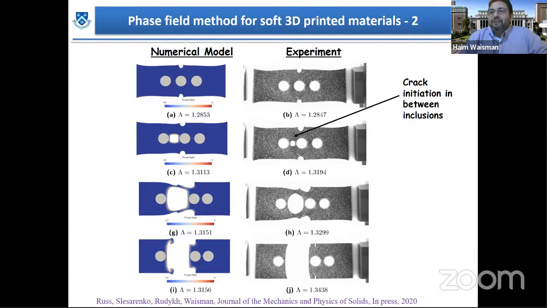No, this is what the experiments have shown. That's what we get. We had models where we showed crack branching scenarios, but those did not include a shear band model. For these problems, we tried to match the experiments, the Kalthoff experiment that I showed, and this is what the experiment is showing.